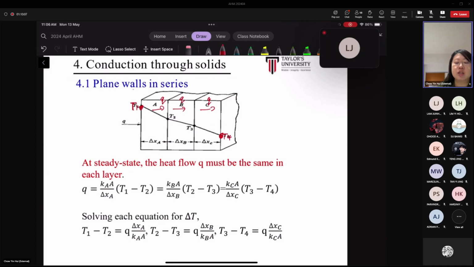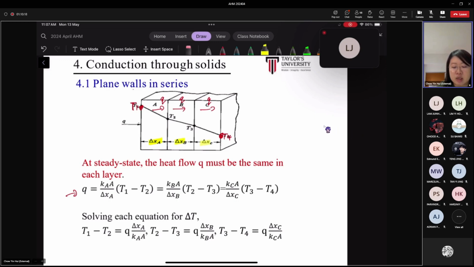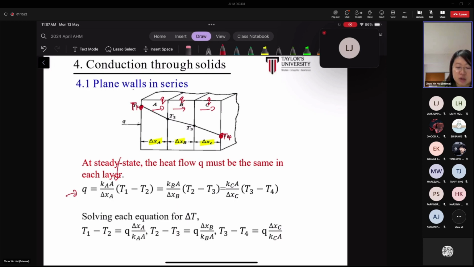Let's express the rate of heat transfer for each layer: material A has a thickness of delta XA, material B has a thickness of delta XB, and material C has delta XC.